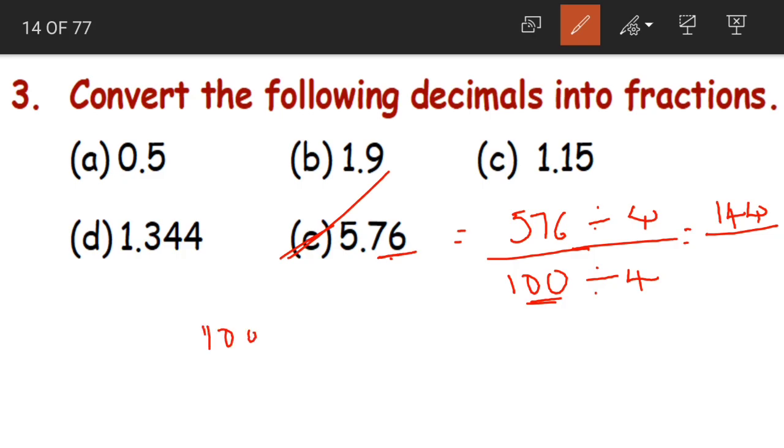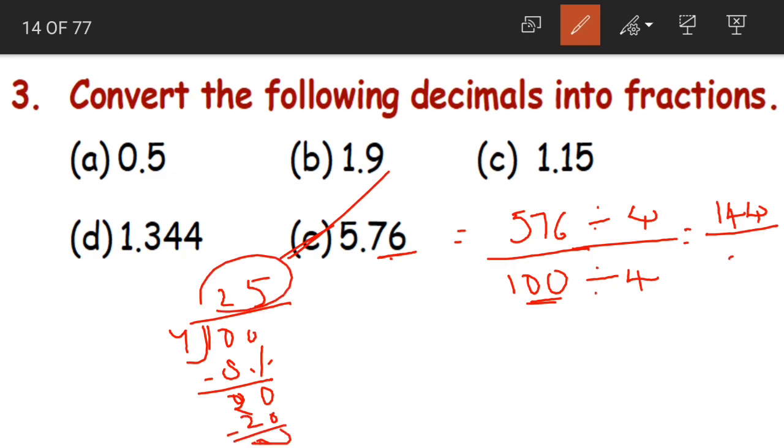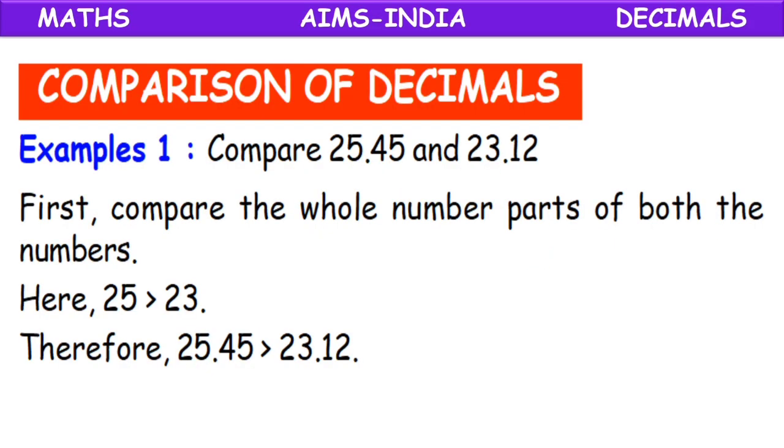Then 100 divided by 4. 4 twos are 8, 2, 0 brought down, 4 fives are 20. The remainder is 0. 100 divided by 4 is 25. So the answer is 144 divided by 25. Understood, children? This is how we convert decimals into fractions.